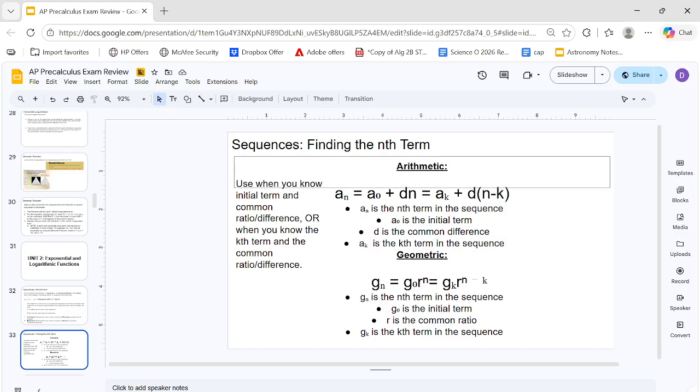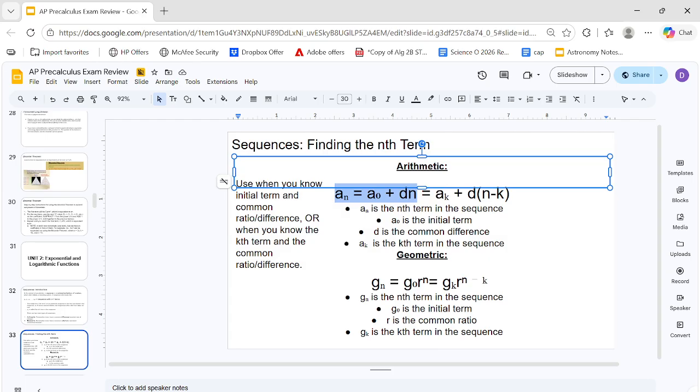So these are the formulas to find the nth term. This is if you have a0, the initial term. This is just if you have ak. This is if you have g0, and this is if you have gk.